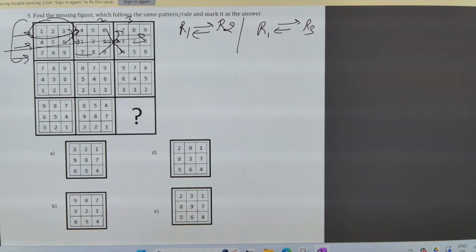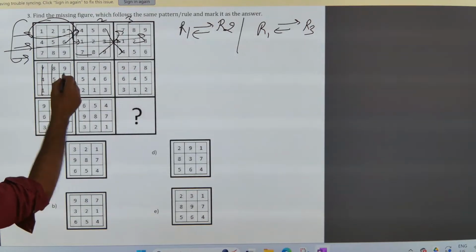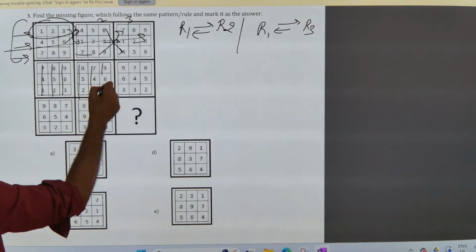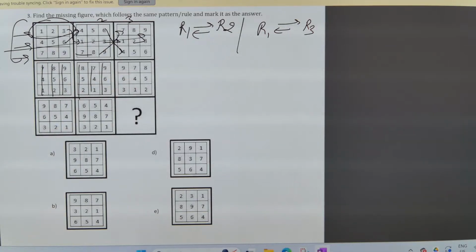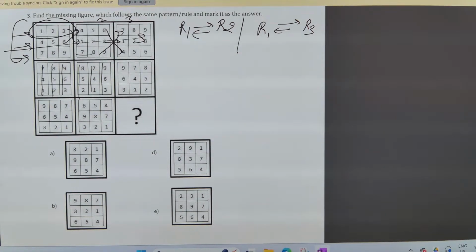So what we can think of is the columns 741, 852, 963. These columns are not changing, right? So all the components in a column, they do not change their relative positions, although the columns do change their relative positions among themselves. But three components of a column, they do not change their relative positions.